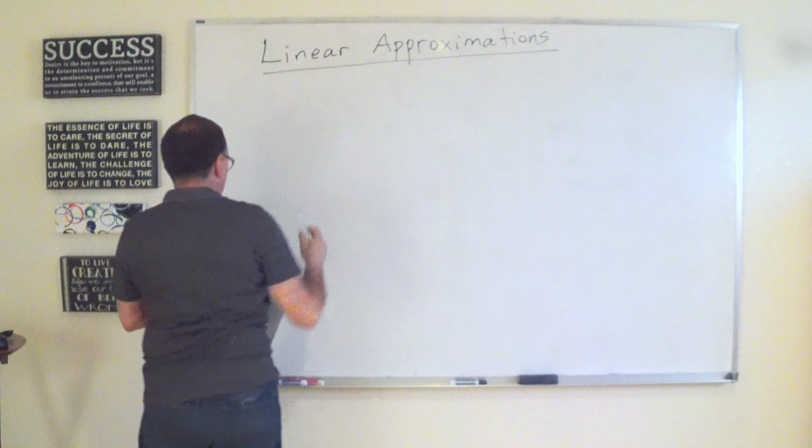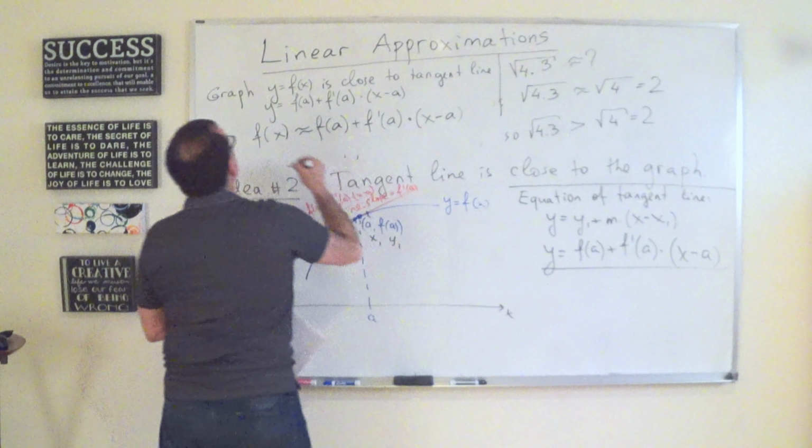So this is close to that. And since they are close, that means their y coordinates must be close. And that means f of x is approximately equal to, since the y coordinate of the graph is just f of x and the y coordinate of the tangent line is this, f of a plus f prime of a times x minus a.